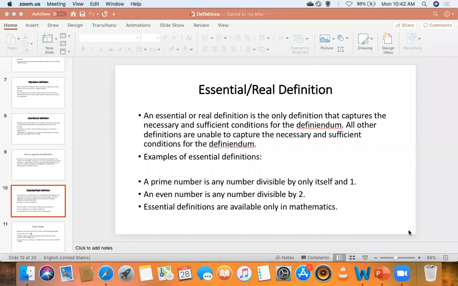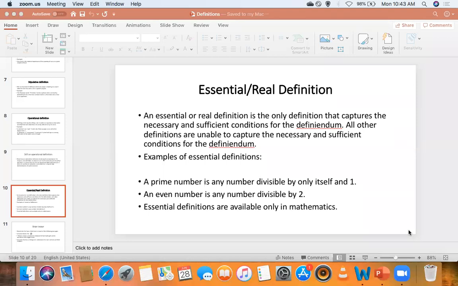I was saying that for an essential definition, if you take it and you delete the definiendum or the subject, for instance, a prime number, and you were presented with only the definiens, and you are asked to supply a definiendum that is fitting of this definiens, immediately a prime number will occur to you, because any number divisible by only itself and 1, you know that it is only prime numbers. So you will not have any difficulty knowing that it is a prime number.